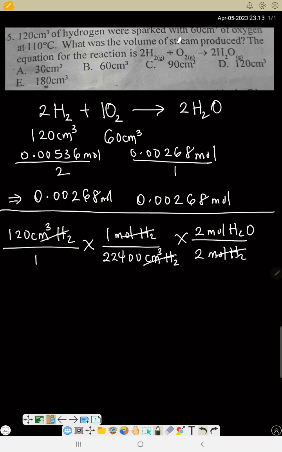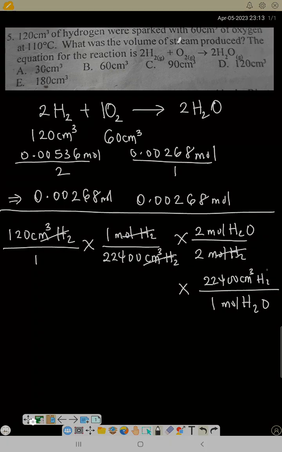So all these units cancel. So this is mole of water, but we need the volume. So I have to do one more times. 1 mole of water will give 22400 centimeter cube of water. So now mole of water cancels.